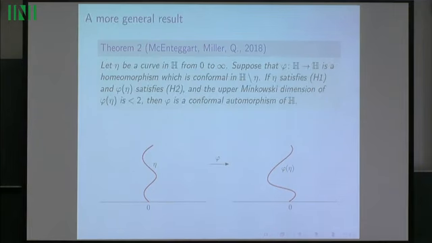This more general result is a purely deterministic result that gives some geometric conditions on the curve eta and phi of eta, so that any homeomorphism phi that is conformal off eta must be conformal everywhere. Here I impose eta to satisfy some condition H1 that I'll describe, and phi of eta to satisfy some condition H2. And also this curve should have upper Minkowski dimension less than 2, which is a very reasonable assumption.